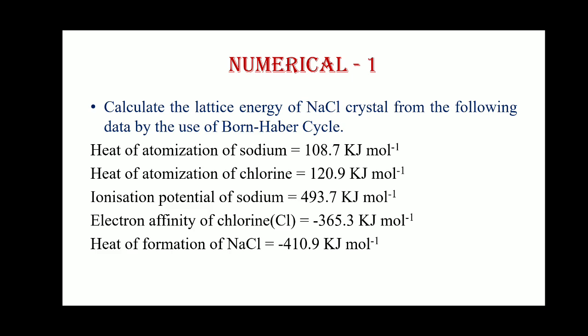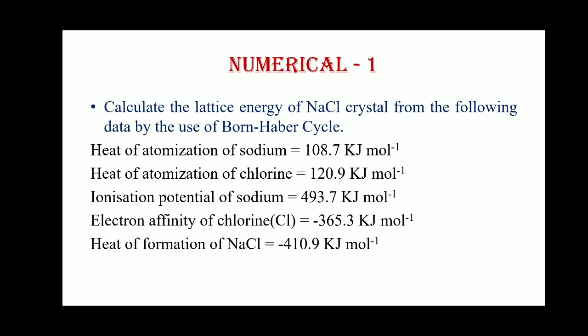Heat of atomization of chlorine, that is 120.9 kilojoules per mole. Ionization potential of sodium, that is 493.7 kilojoules per mole. Electron affinity of chlorine is minus 365.3 kilojoules per mole. Heat of formation of NaCl is minus 410.9 kilojoules per mole.